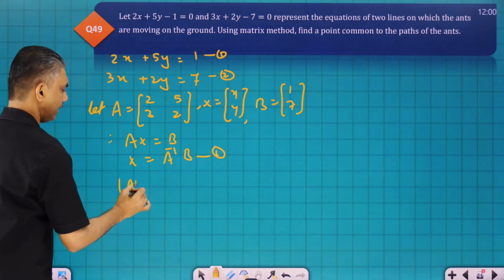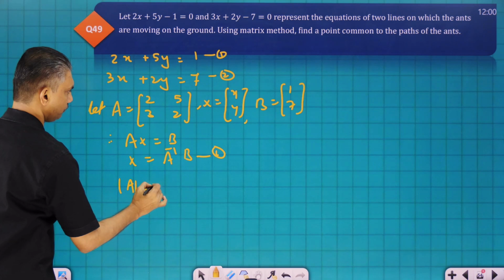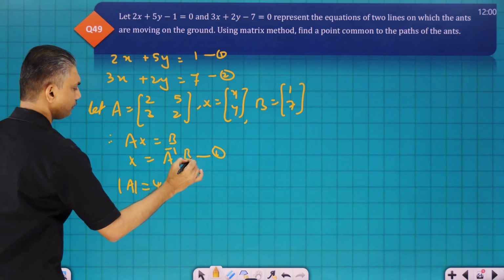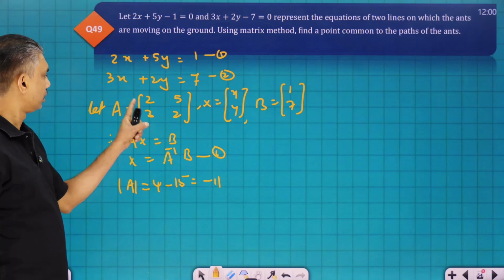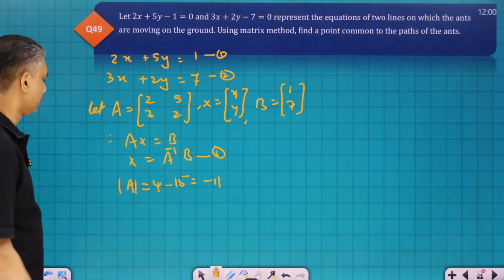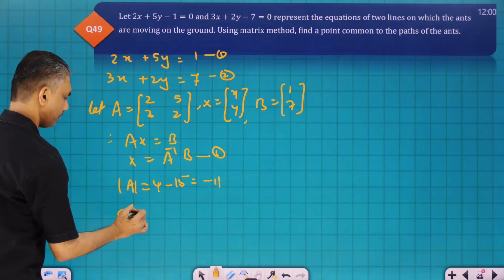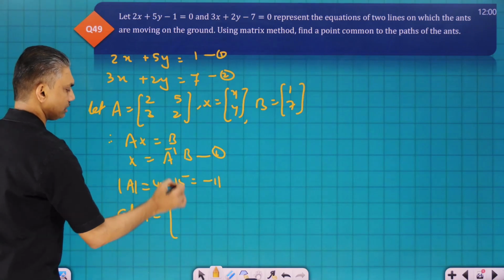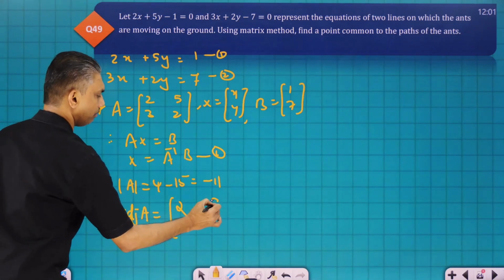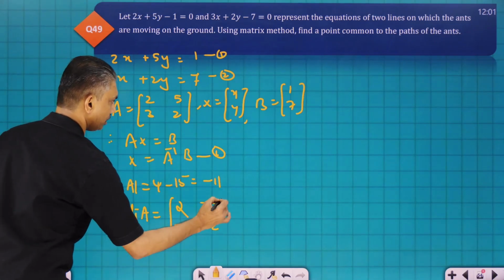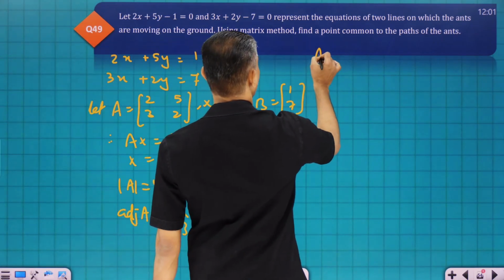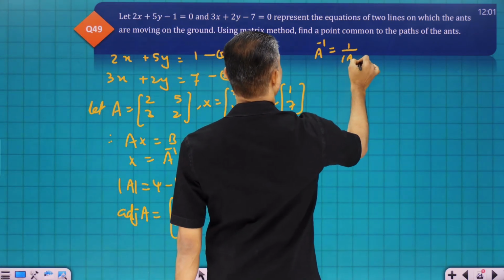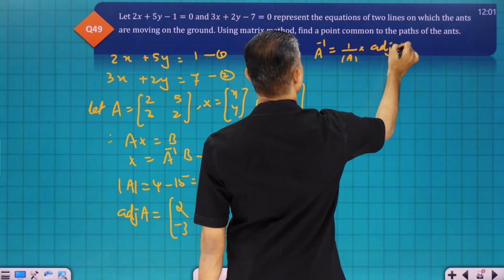Now, what is the determinant? Determinant is equal to 2 into 2, 4 minus 15, that is minus 11. Now, adjoint A, it's a 2 by 2 matrix. Interchange the diagonal elements and change signs of the others: 2, minus 5, minus 3, 2. Therefore, A inverse is equal to 1 by determinant into adjoint.